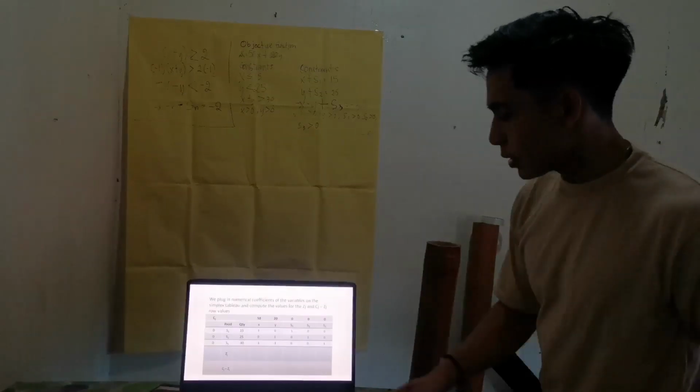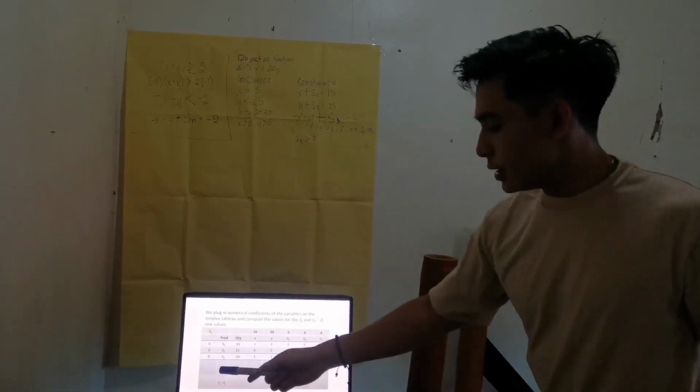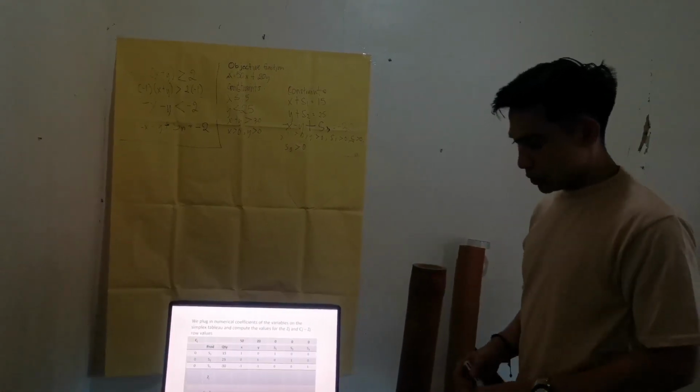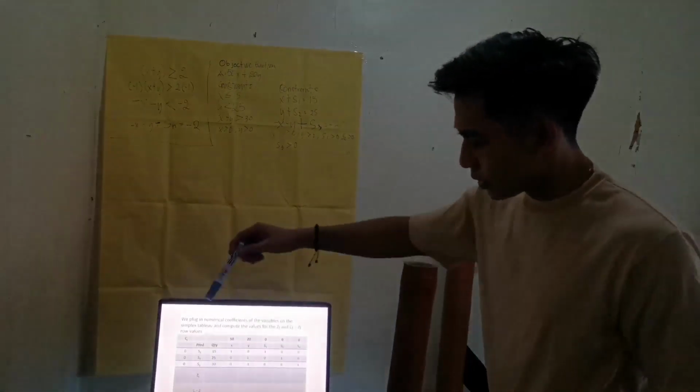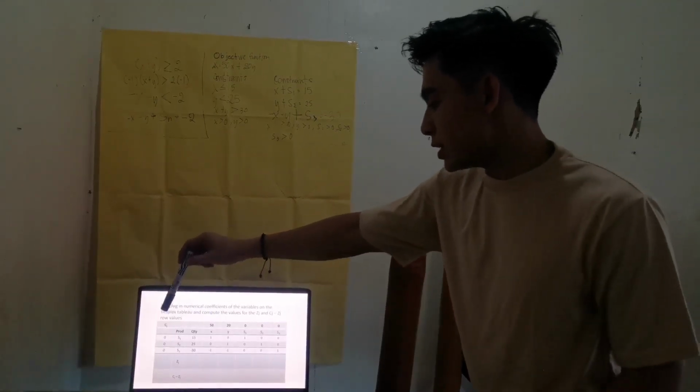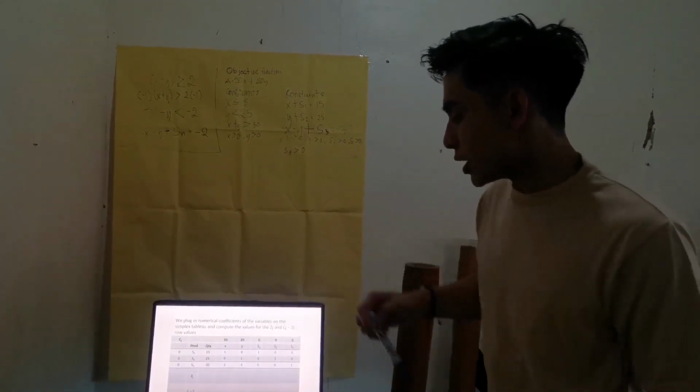In order to get these Z sub j, we multiply the C sub j by the constraints.